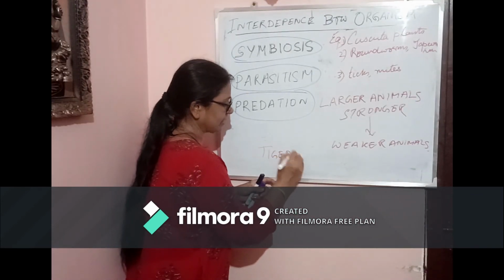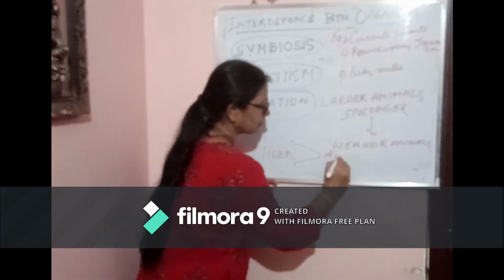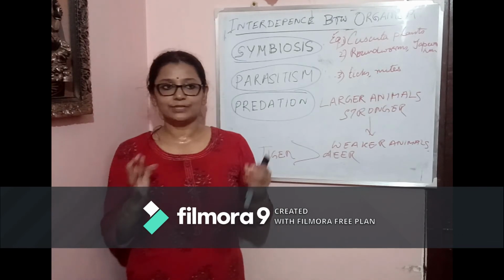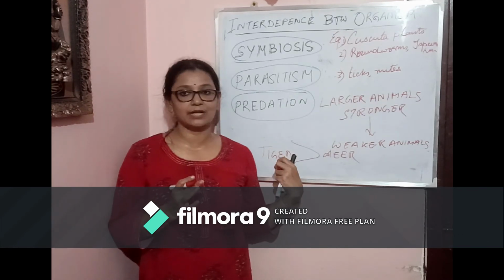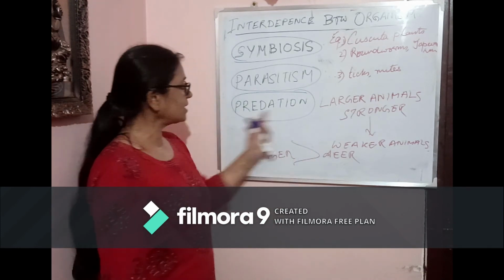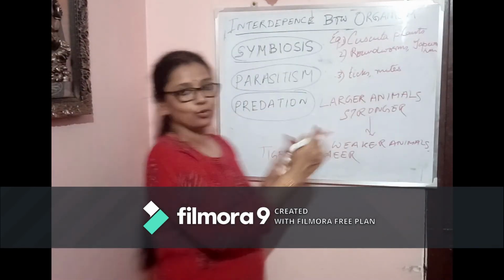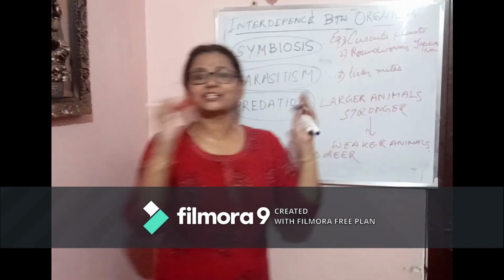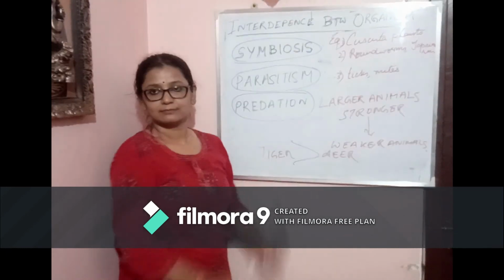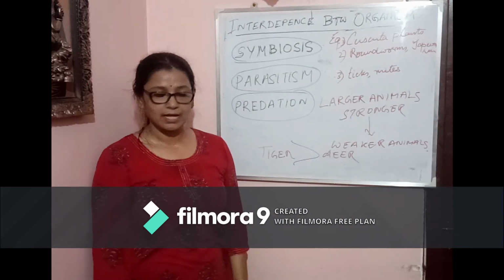Tiger thriving on deer. So deer, cow, these are weaker animals for the larger carnivores like tigers, lions, and so on. So this is predation. So this is how the food relations of different organisms are interlinked in nature.